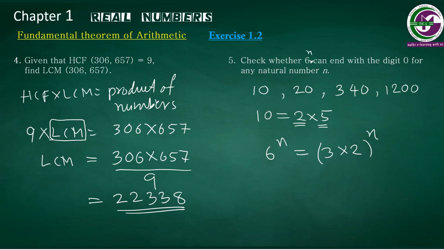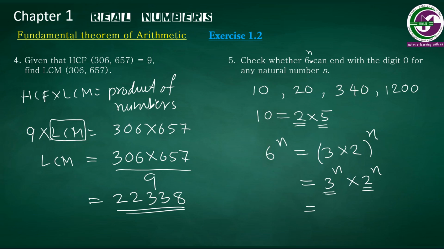And using the laws of exponents, this is 3 raised to n times 2 raised to n. And 3 is a prime number and 2 is a prime number. So this number 6 raised to n has only 3 and 2 as prime factors, because we studied the fundamental theorem of arithmetic. Any composite number can be expressed as a product of primes in a unique way. So once we get some prime numbers, it is unique. So you won't get any other prime numbers.